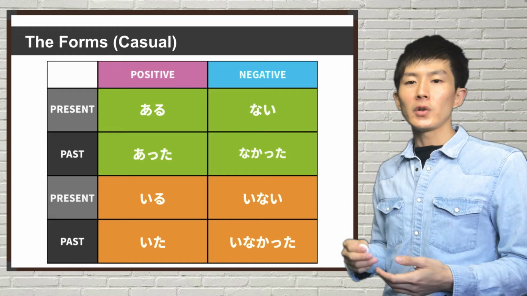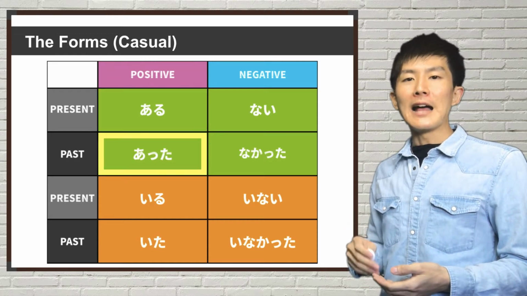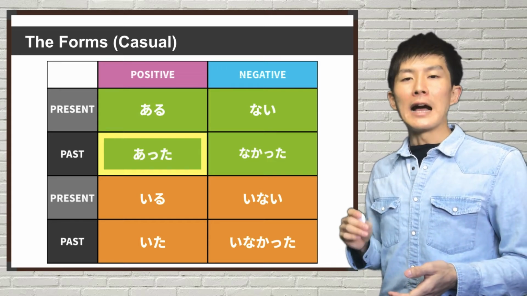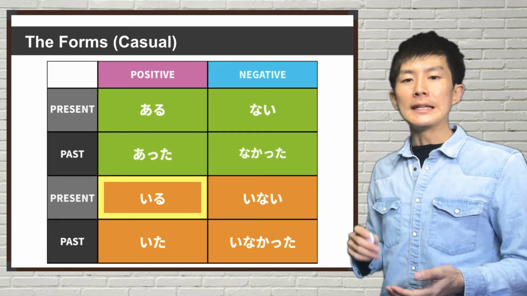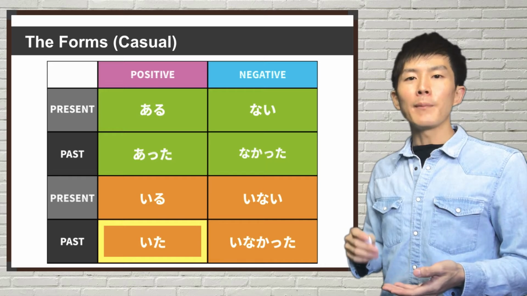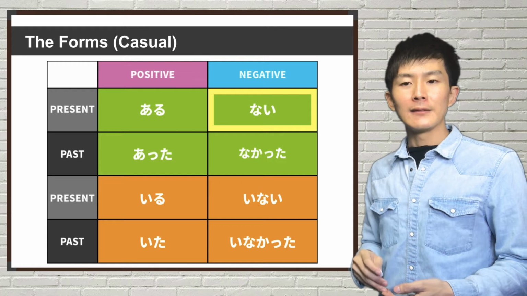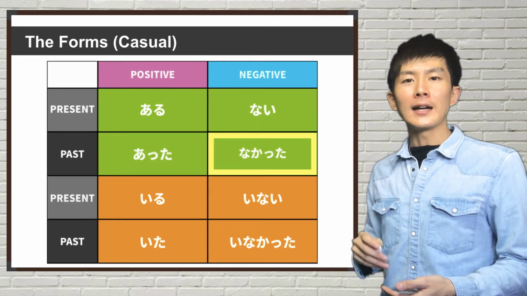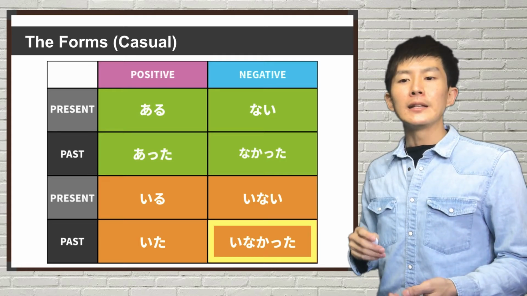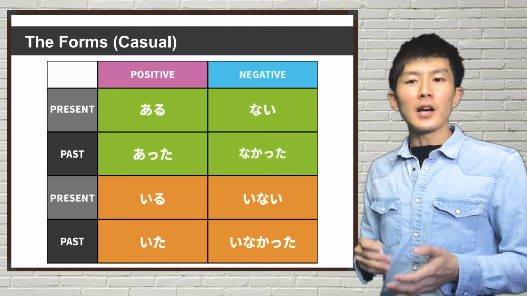First, I would like to show you the casual forms. ある、あった。あった is a past form of ある。いる、いた。いた is a past form of いる。ない、なかった。いない、いなかった。These are the casual forms.